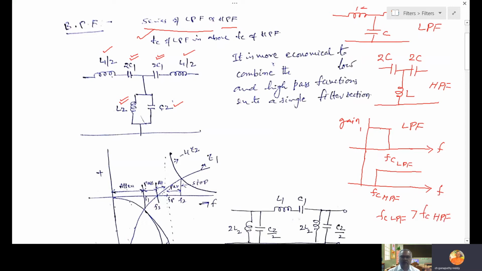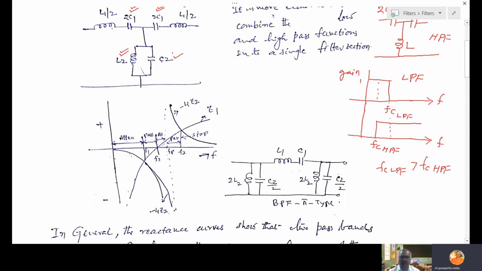If you cascade them, passing up to FC, then attenuated. After this again attenuated, you will get like a band pass filter.